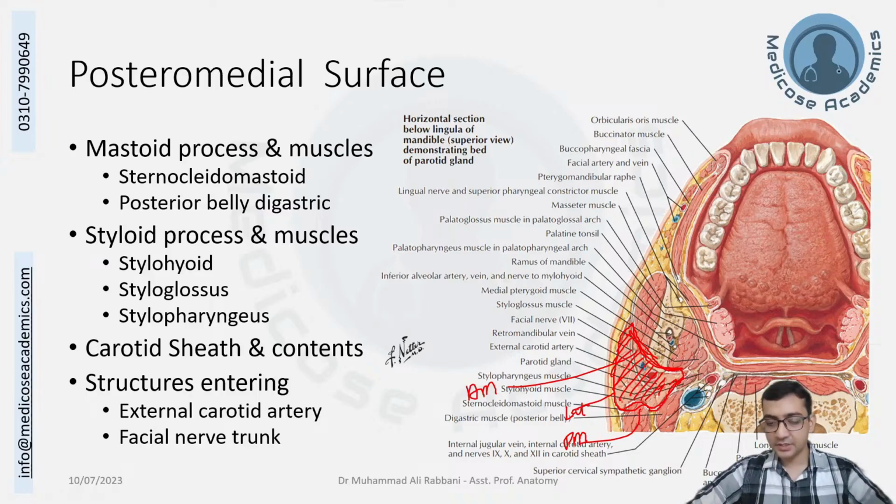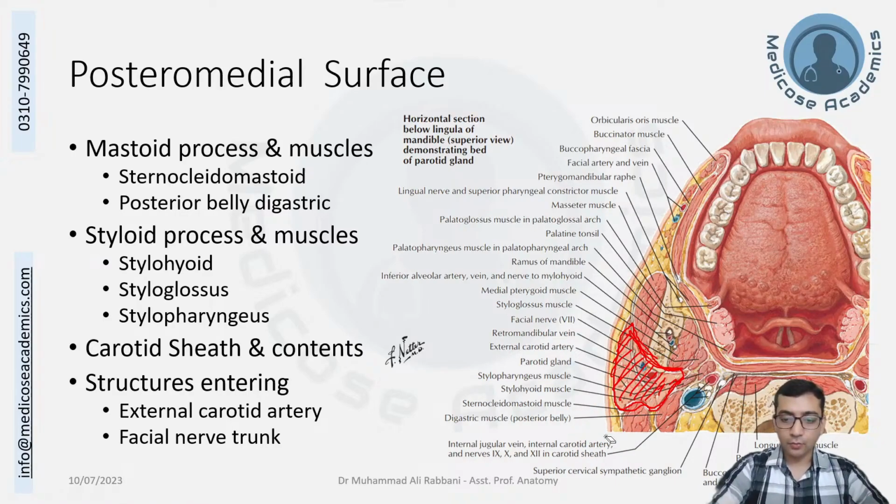On the anteromedial surface, you can visibly see here the sandwich of the mandible with muscles on either side. On the inner side there is medial pterygoid, on the lateral side there is masseter. Talking about the posteromedial surface, we can't see the styloid process at this particular level, but we can see the two muscles that are attached to the mastoid process.